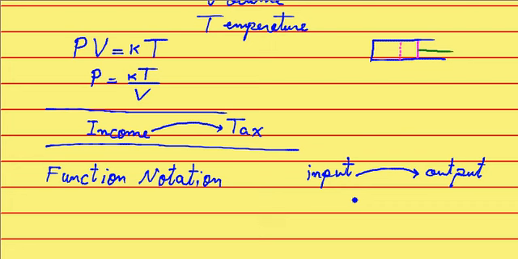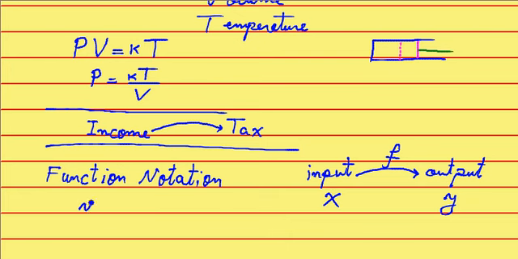Well, let's choose some variable names to indicate these items for us. It would have made a lot more sense to use the letter I and the letter O and such, but tradition has it that inputs are labeled as X's, outputs are labeled as Y's, and the function or the recipe that takes you from this to that is going to be called F. So F, for example, could be the tax law, or F could be any of these kinds of laws that determine the situation with this ideal gas law.